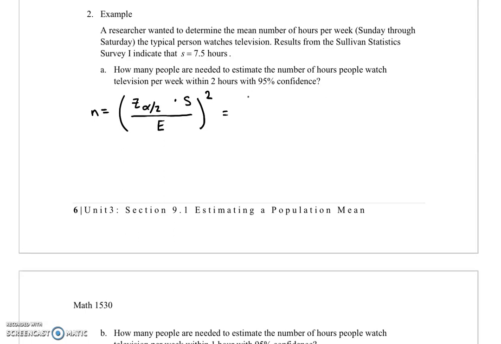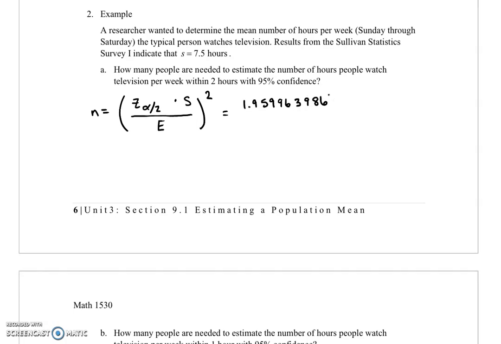So we have the critical value for 95% confidence level is 1.959963986.